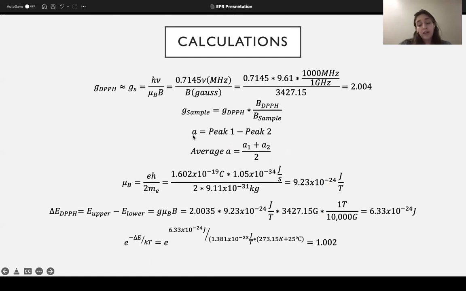And the A value is just one peak minus its other, and the average was taken of those. The transition energy difference for DPPH was calculated to be 6.33 × 10^-24 joules. And the Boltzmann distribution was also calculated, which I will talk about later.